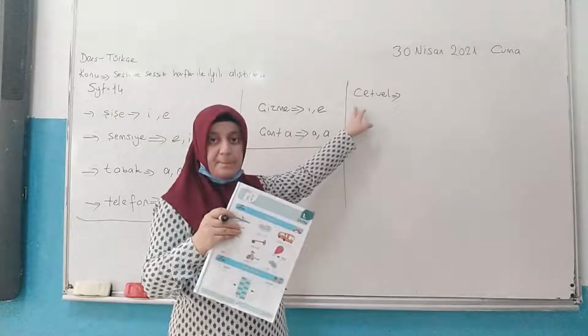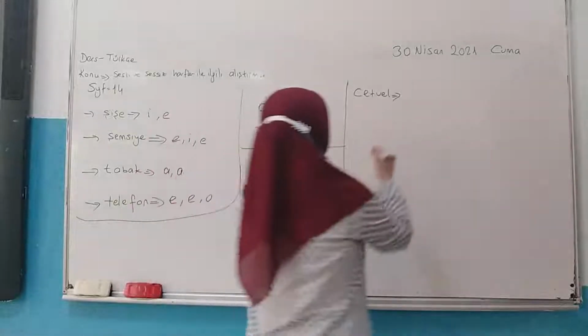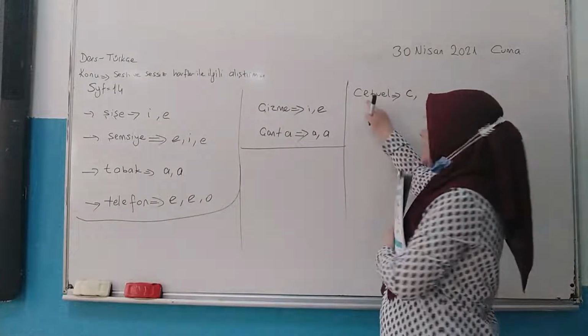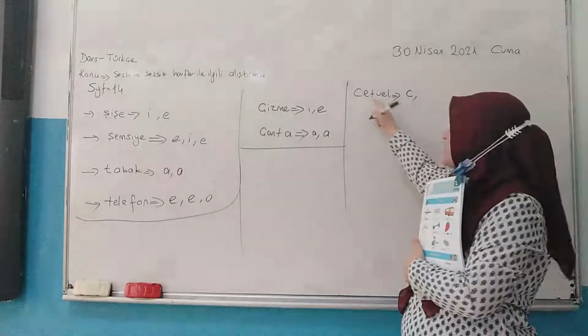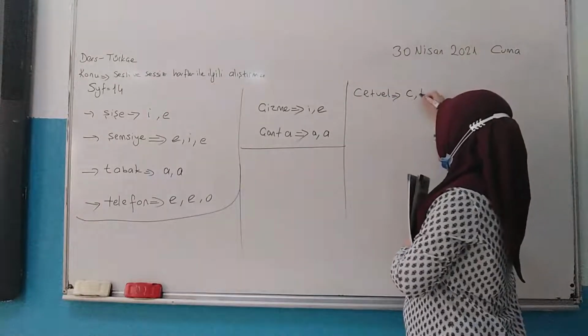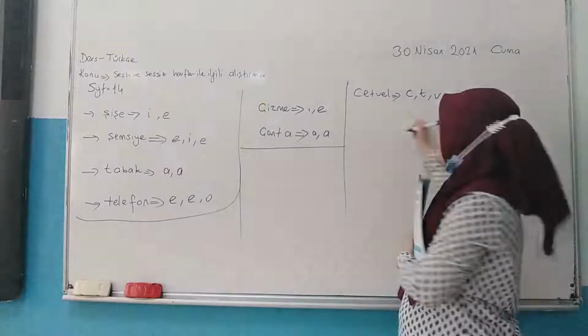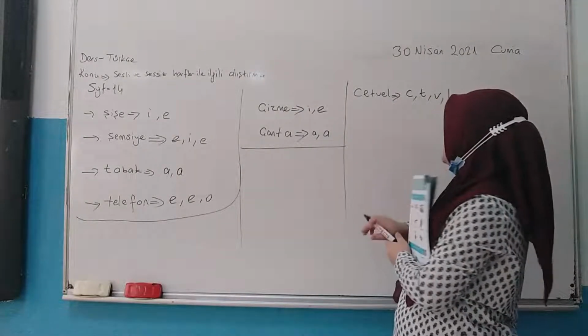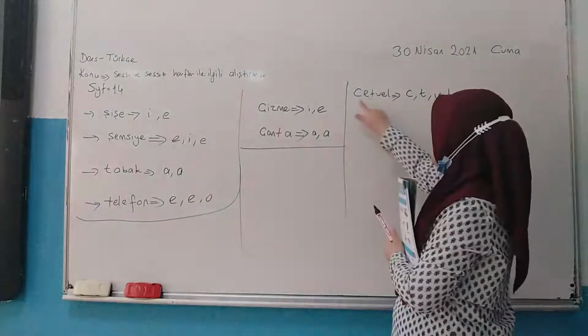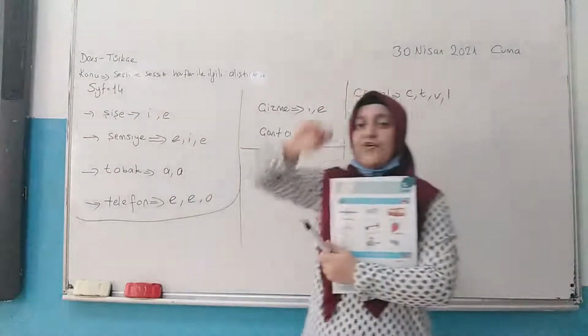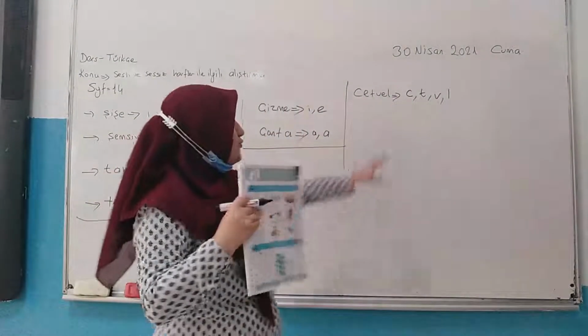C, sessiz harf. E, sesli harf. T, sessiz. V, sessiz. L, sessiz. So totally we have 1, 2, 3, 4, 4 consonants in this word.